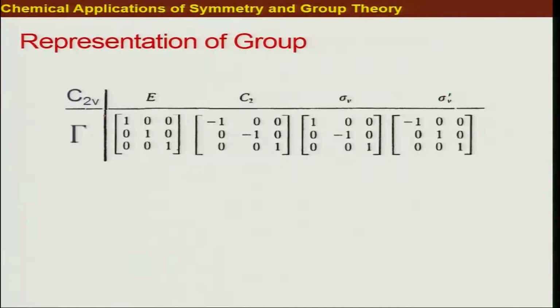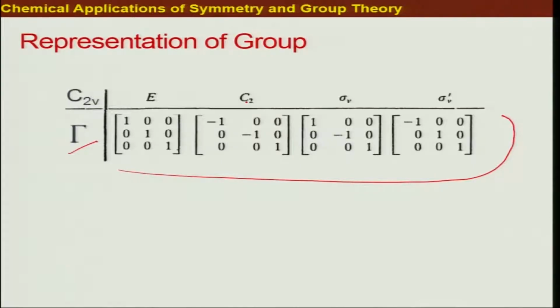Now this whole thing is our representation. The name of the representation that we have given here is gamma. That's normally what people use for any such representation. So each matrix corresponds to each symmetry operation, and as a whole this is a representation of a group.